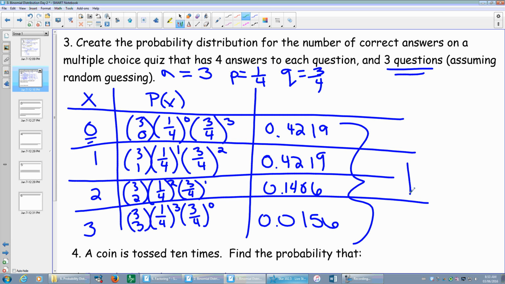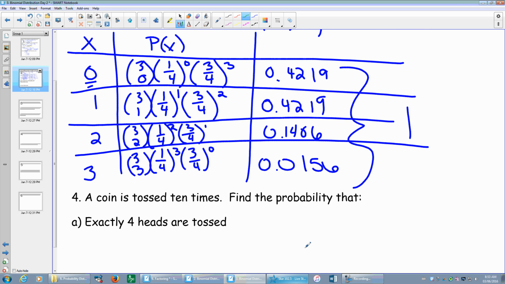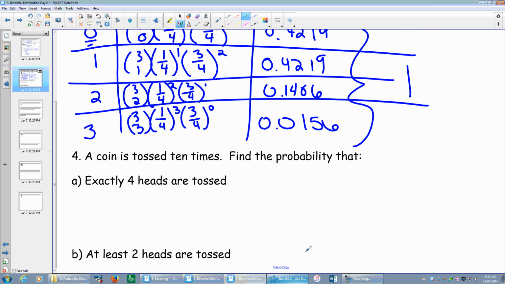A coin is tossed 10 times. Find the probability that exactly 4 heads are tossed. Okay, Mitchell, can you please tell me what is my n value here? 10. What is my k value in this question? 4.